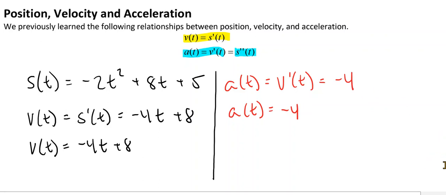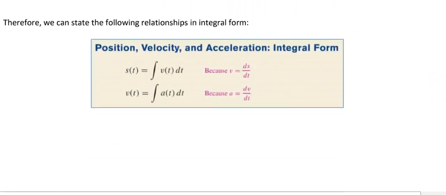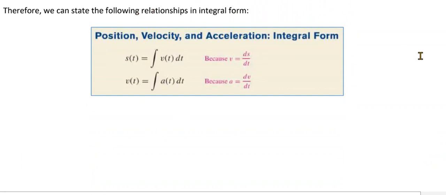So what does this have to do with antiderivatives? Since we understand those relationships, we can state them in integral form. Since velocity is the derivative of the position function, the position function is the antiderivative of the velocity function. In other words, it can be found using the indefinite integral. So s of t is equal to the integral of v of t with respect to time. We're working backwards.